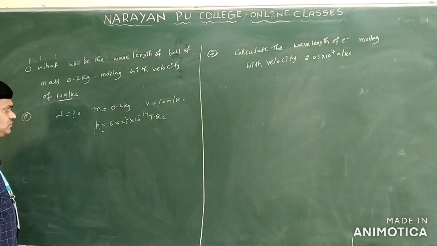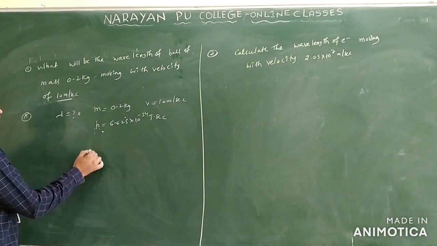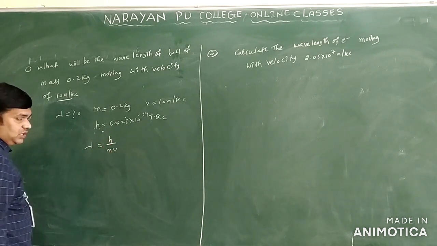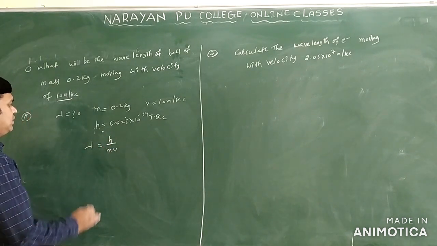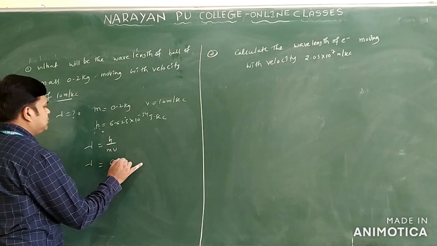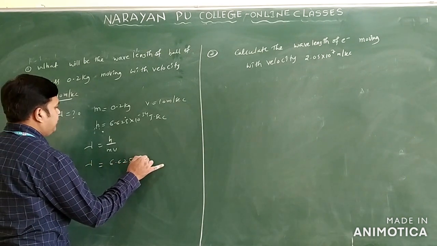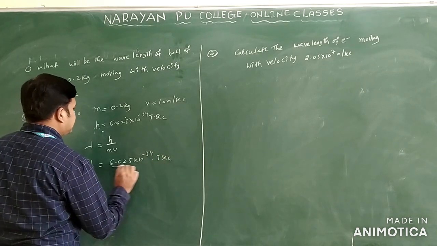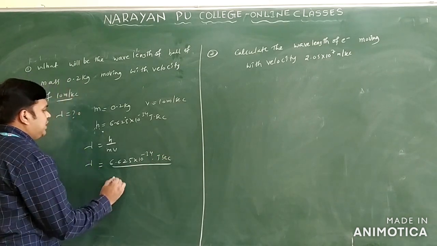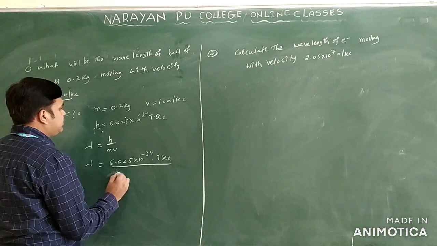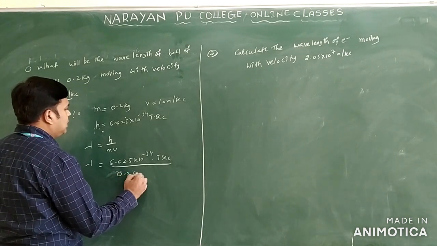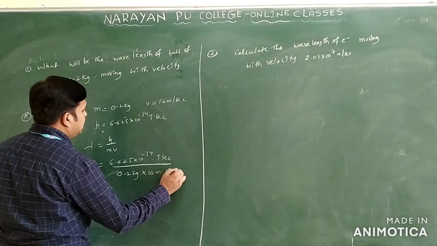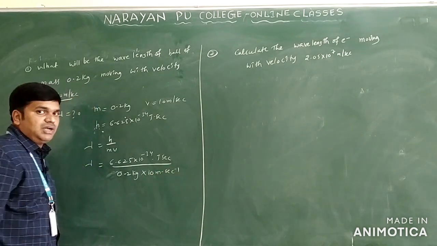The formula you can use here is lambda is equal to h by mv. This is the de Broglie equation. So lambda is equal to 6.625 into 10 power minus 34 joule second by 0.2 kilograms into 10 meter per second.